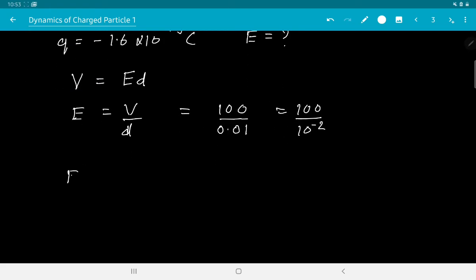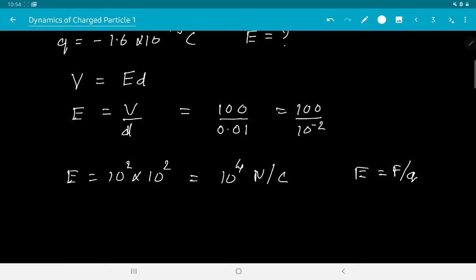So the electric field will be 10 raised to 2 into 10 raised to 2, that is 10 raised to 4 Newton per coulomb. As we know, electric field is equal to force divided by the charge, so we can express it as Newton per coulomb.